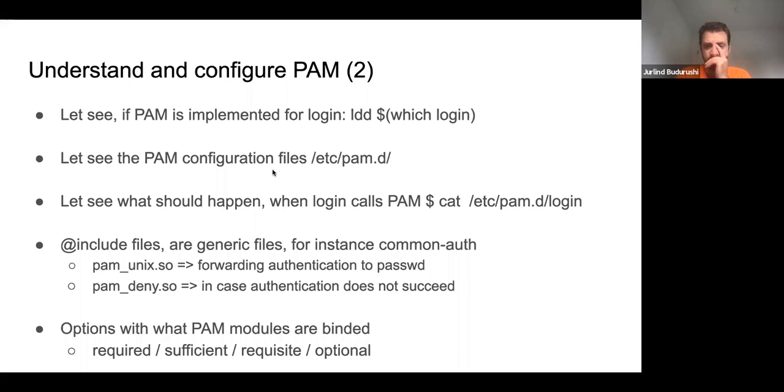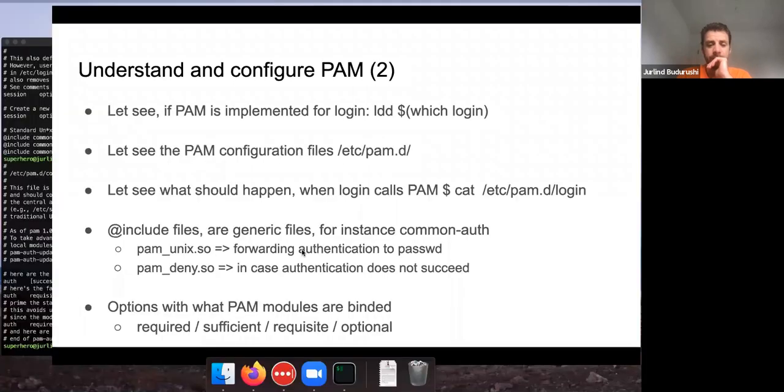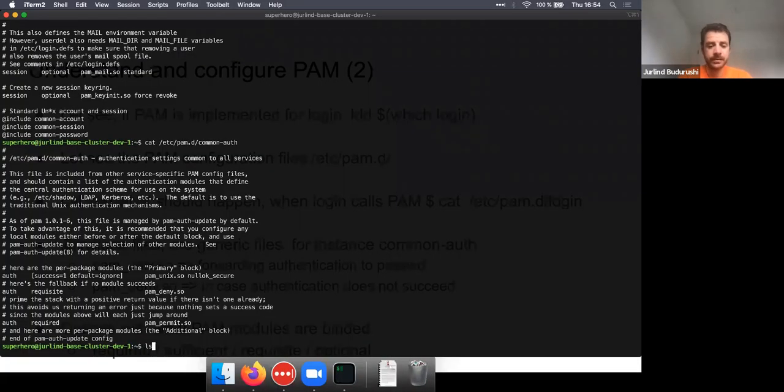Yeah, so let me check if I forgot anything that is important to say and to know for the exam. Forwarding authentication to passwd and denying in case authentication does not succeed. Okay, so we'll have a look. Usually you'll find these libraries at lib security.